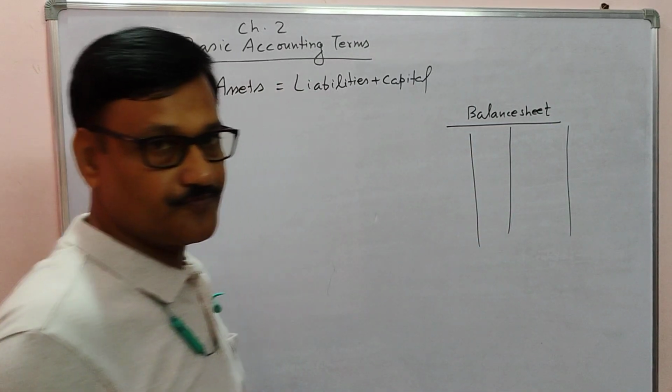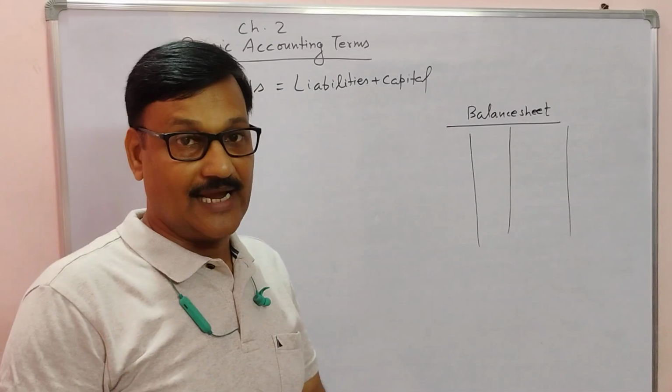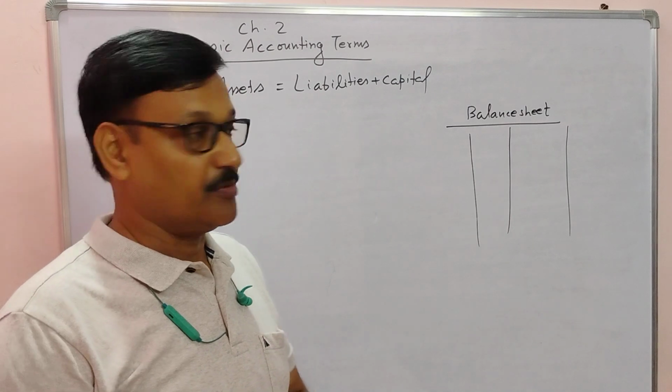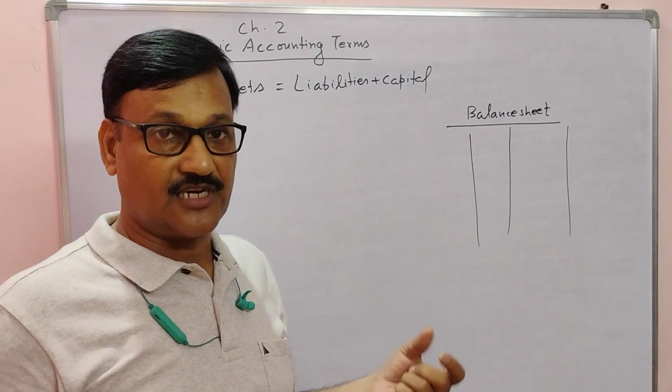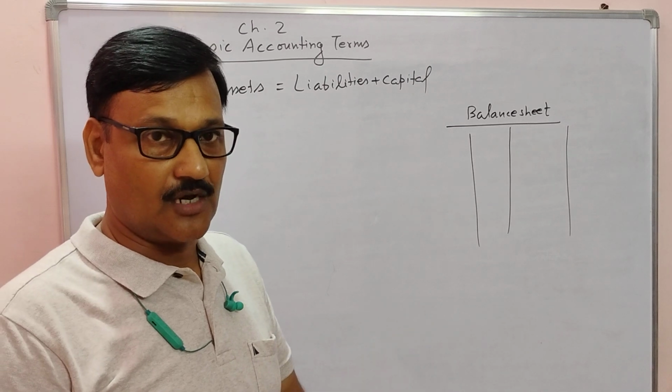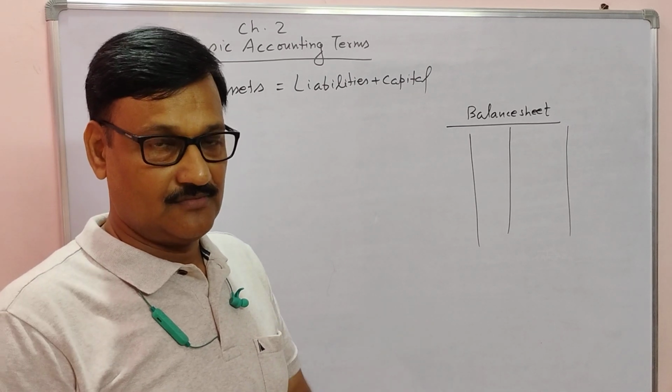I have told you time and again that the objective of accounting is to prepare financial statements. Financial statements consist of trading and profit and loss account and balance sheet.